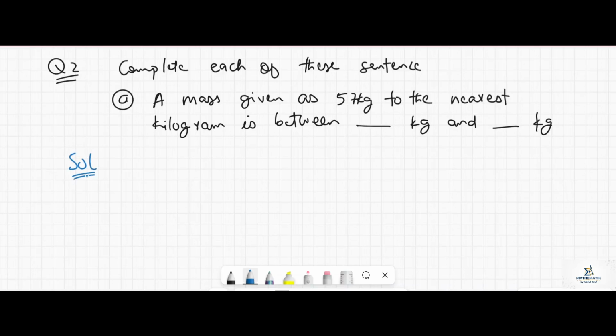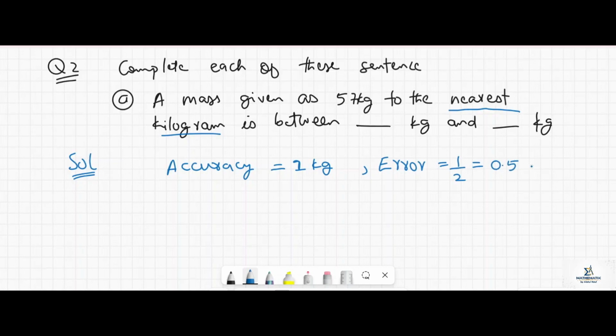So the solution for this is we first define the accuracy. The accuracy is 1 kg because of this one nearest kilogram, and the error term is 1 divided by 2 is 0.5 kg.